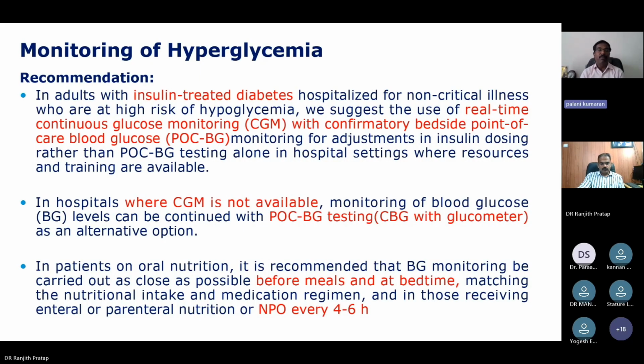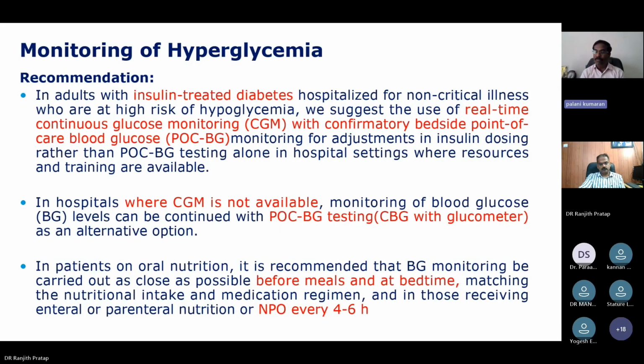So if the CGM facility is available, definitely we can proceed with CGM. Definitely the adjustment in insulin dosing will be better than with point of care blood glucose testing. Whenever CGM is not available, monitoring can be continued with the glucometer, that is CBG with glucometer.